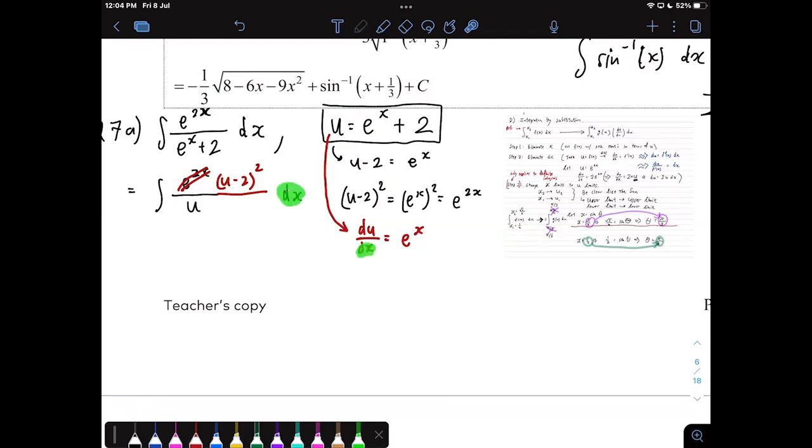So you just make dx the subject. So du equals e power x times dx. Then after that, you can make dx the subject, so it's 1 over e power x du. So you're going to replace it now: integral of u minus 2 bracket squared over u, dx is 1 over e power x. Do you know how I get 1 over?